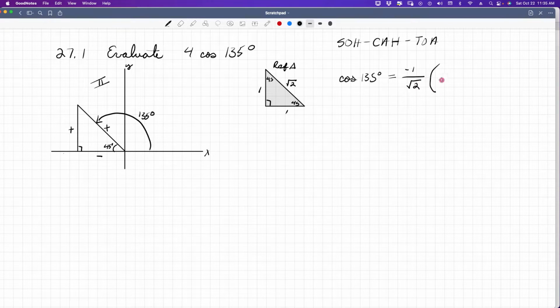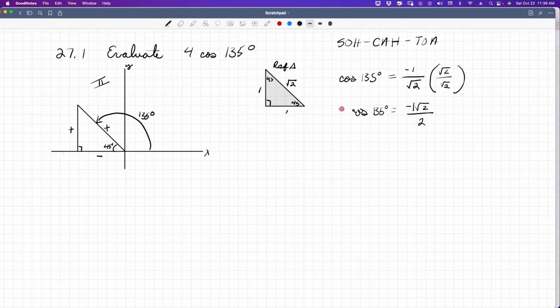So we just put a square root of 2 over square root of 2, and we multiply. And then the cosine of 135 is going to be equal to a negative 1 times the square root of 2 over 2. So the cosine of 135 is that.